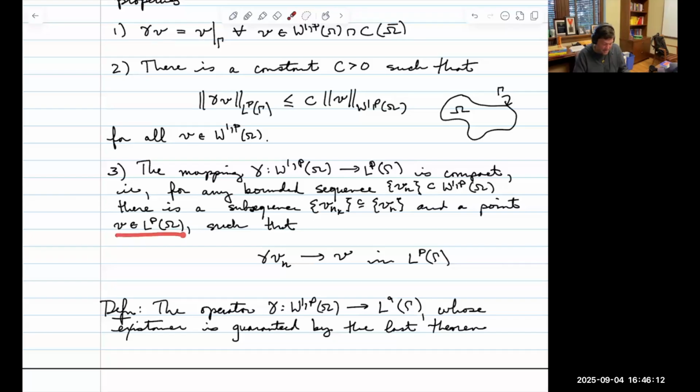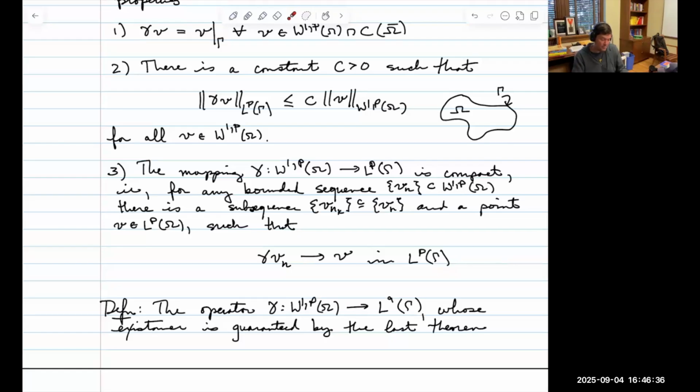So this target has to also be in the range as well. What we're saying with a compact operator is that the images of the sequence in the range converge to some point in the range in the topology of the range space. Okay, so this is the topology of the range space LP.